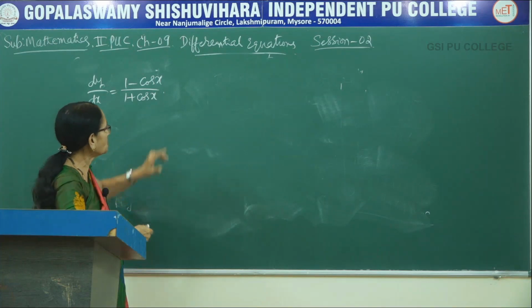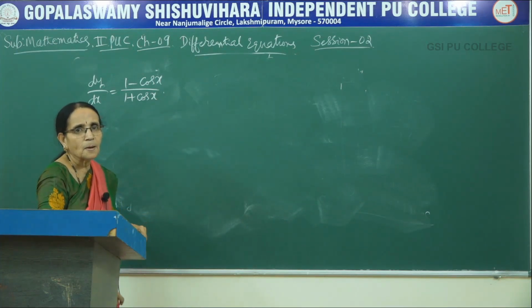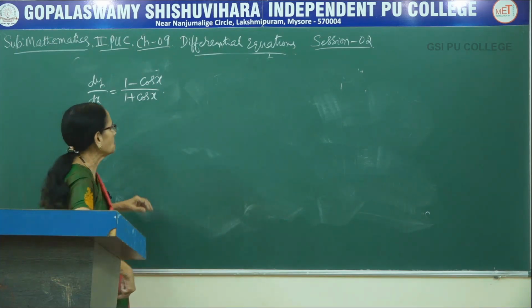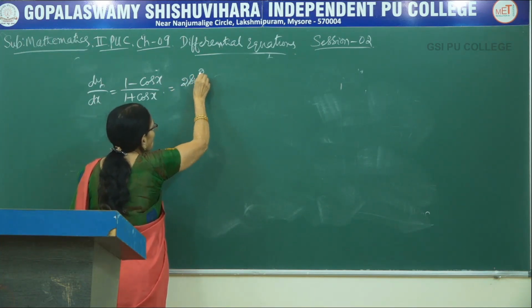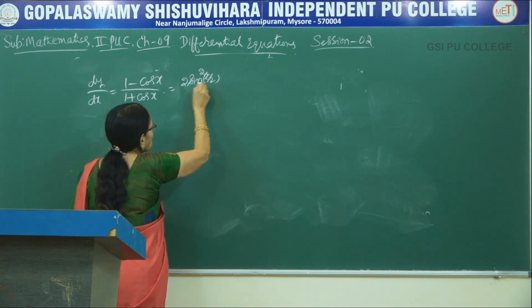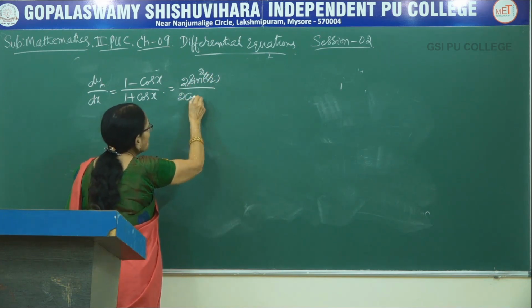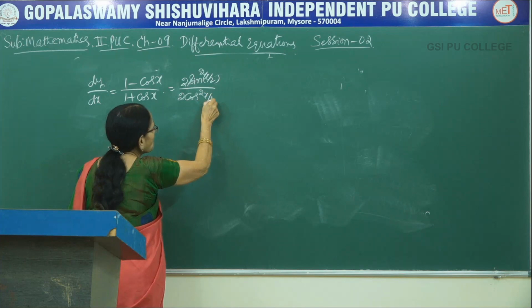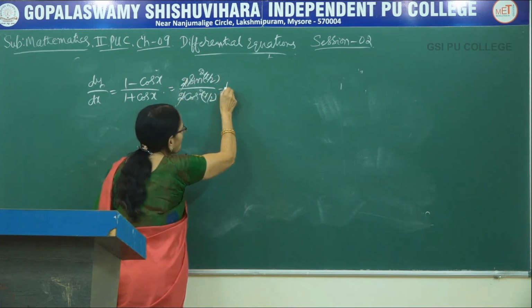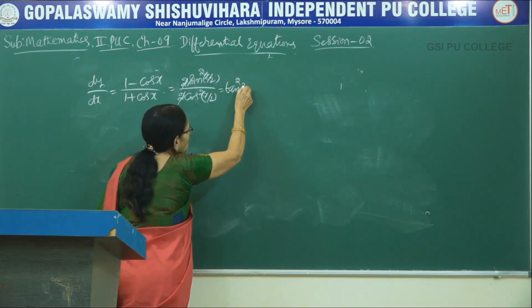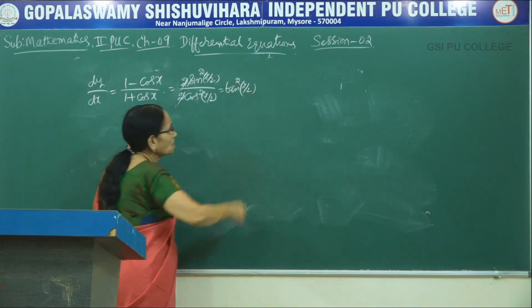Now, let me do the simplification of this one before separating the variables. Let me use the half angle formula. It is 2 sin square x by 2 and this is 2 cos square x by 2. Okay, 2 and 2 are cancelled. Sin square by cos square is tan square x by 2.